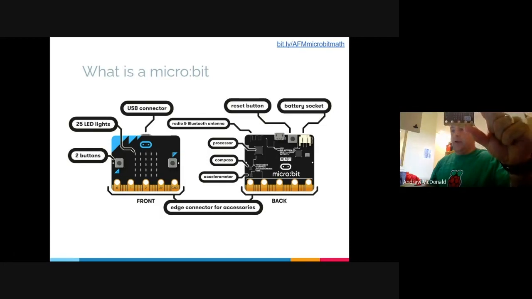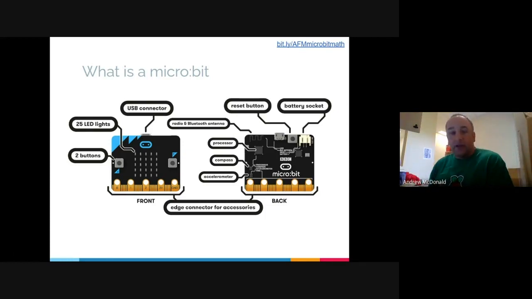It's got a compass, so it has the ability to measure magnetic field. It has an accelerometer, so it has a sense of the orientation, if it's been shaken or not, and it has radio and Bluetooth antenna, so it can connect microbit to microbit, microbit to tablet, microbit to phone, microbit to computer.